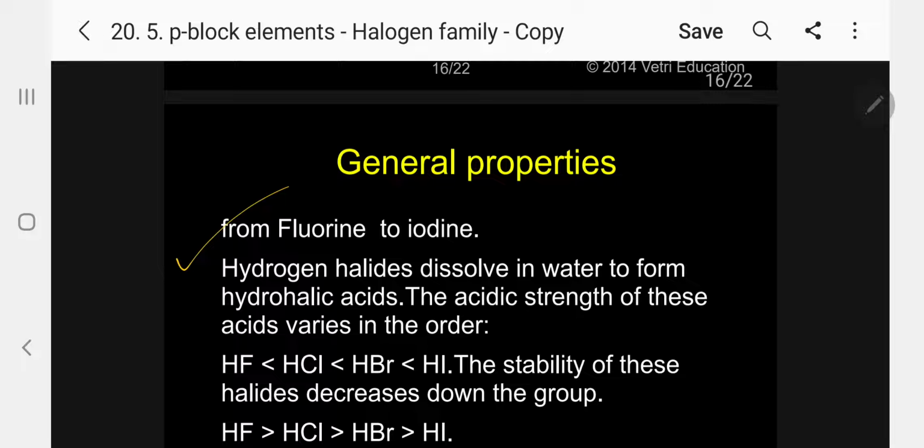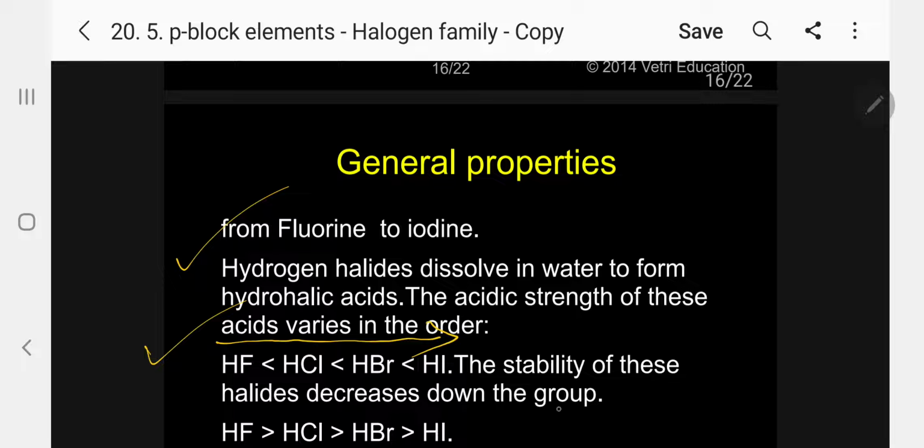The acidic strength of these acids varies in this order: HI greater than HBr greater than HCl greater than HF. This is the order. The acidity increases down the group. This is due to the electronegativity difference.